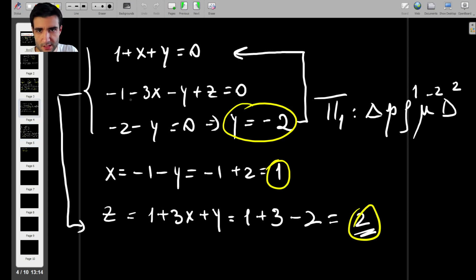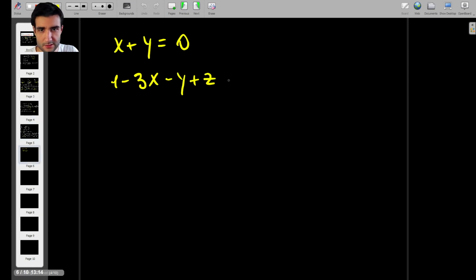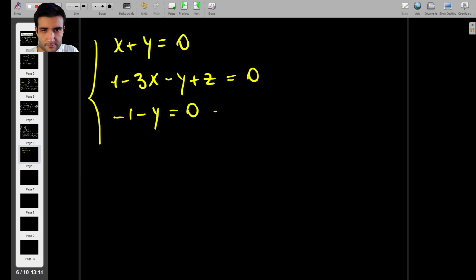Which should be the same thing as here. Yes, so this is equal to 0, and then we have minus 1 minus y is equal to 0 as well. Okay, so y is equal to minus 1 straight away. Then from here, we write that x is equal to 1.